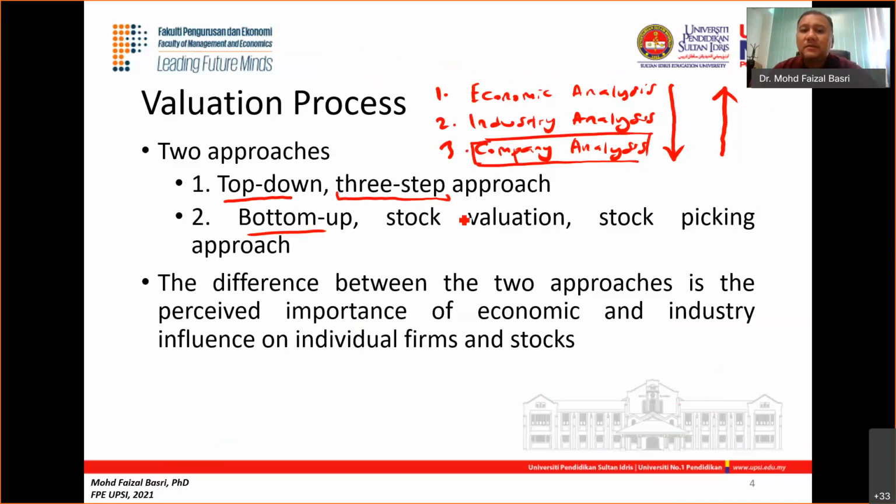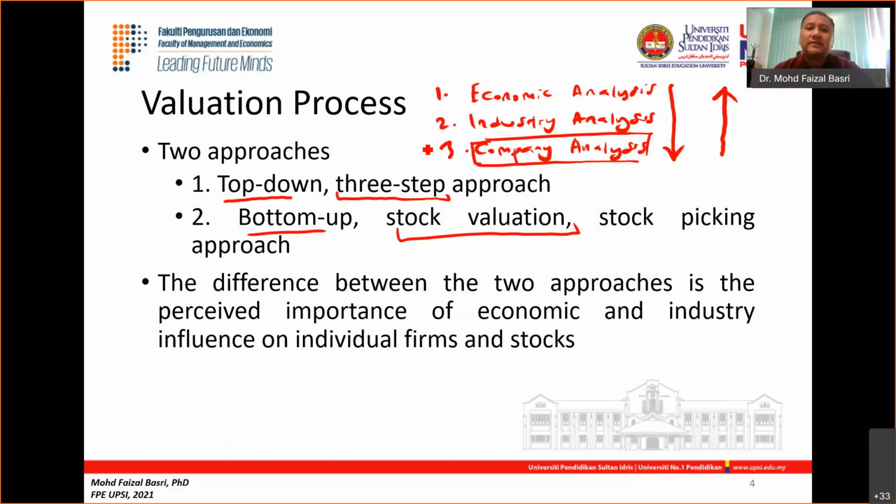When we do bottom-up, we go straight to stock valuation, without looking into details of the economic and industry analysis, because for bottom-up approach, they assume the performance of the company can overrule the economic or even the industry analysis. So there's no right or wrong approach in this case, but from theory point of view, we have two different schools of thought, whether to use top-down or bottom-up.